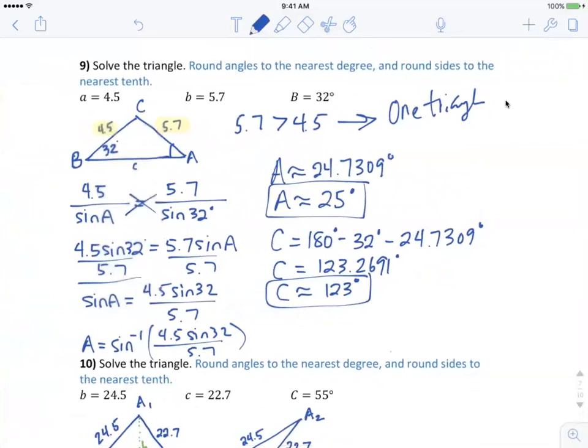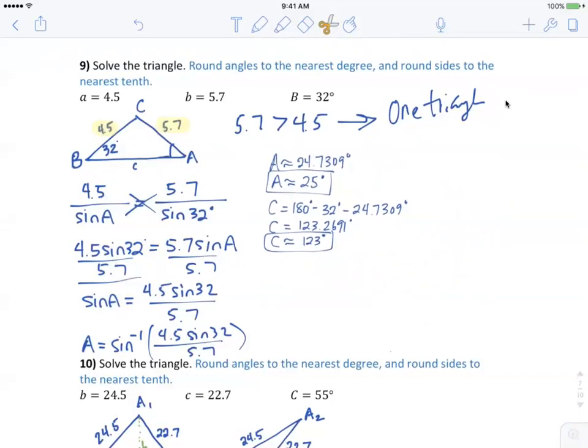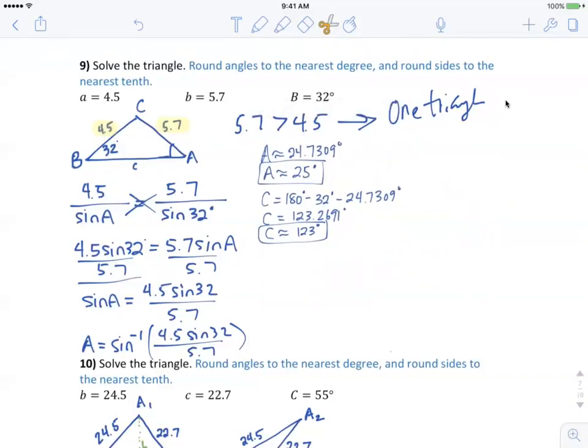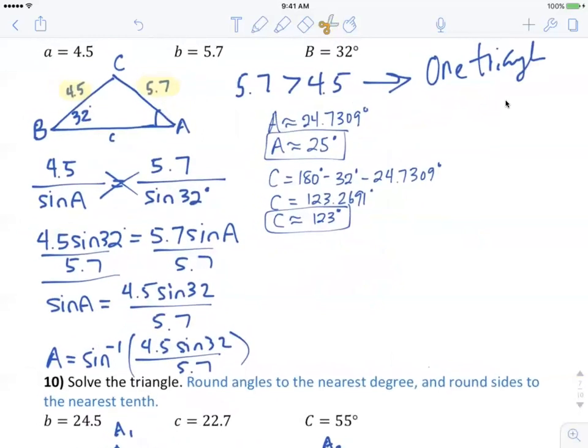And then what else do I need? I need the little c. All right, so let's make a little room here. I'm going to shrink this up and move it over. Okay, give myself some room. And we've got c. Okay, how am I going to get c? Well, let's just do a law of sines.